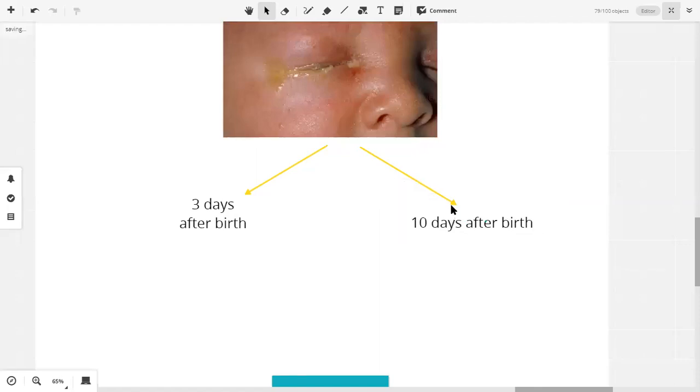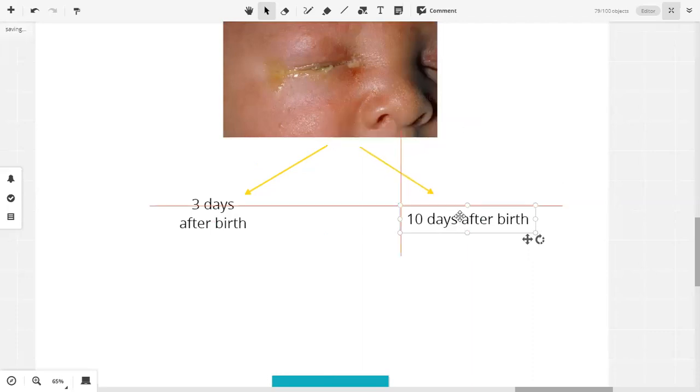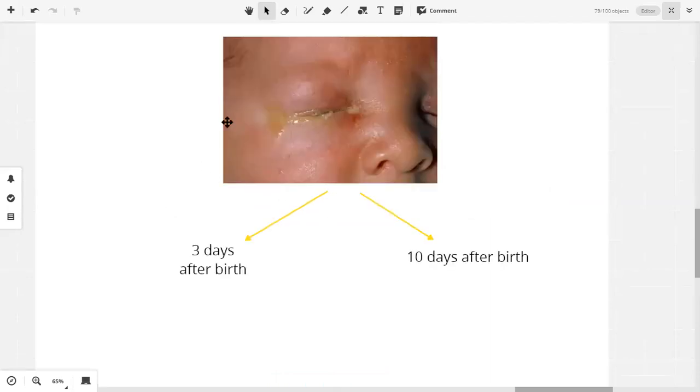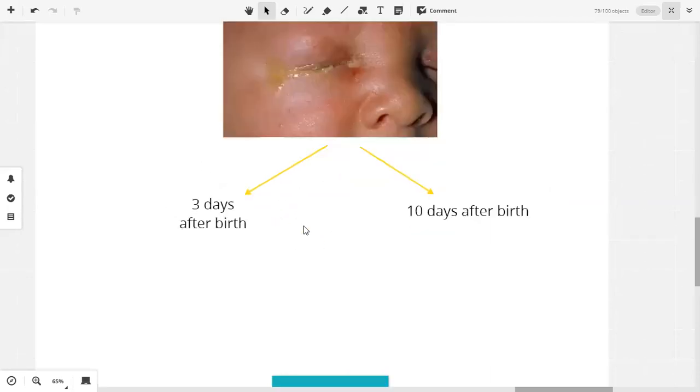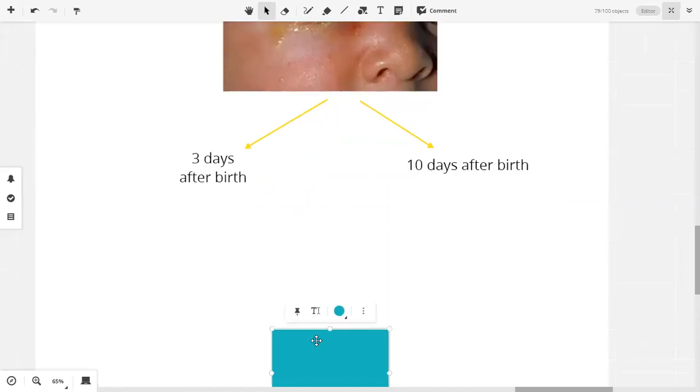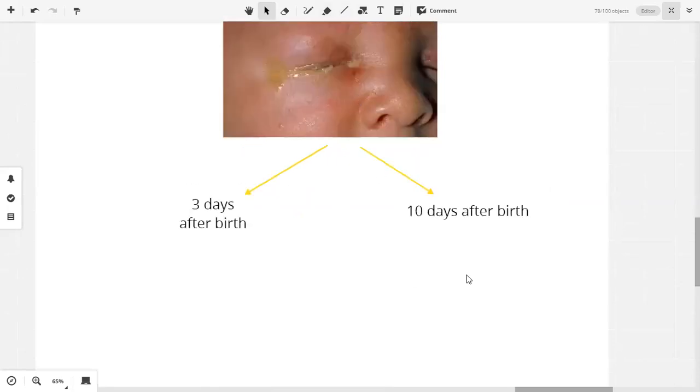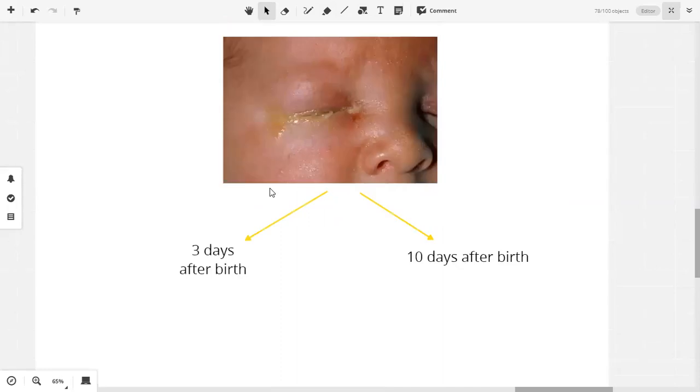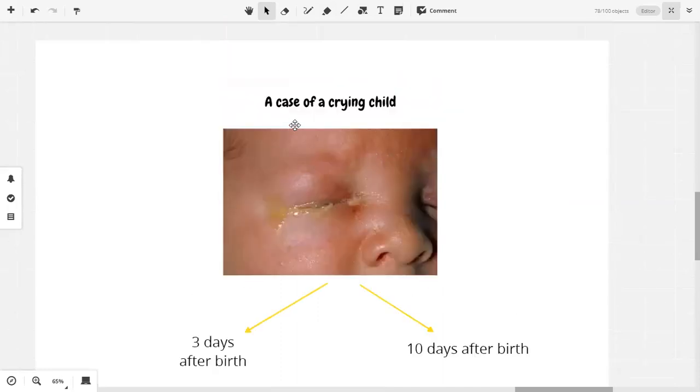You have all studied microbiology. You can already guess the answers. A child who presents to you 3 days after birth with conjunctivitis and discharge, what do you think his diagnosis will be? Ophthalmia neonatorum. Both these cases have ophthalmia neonatorum.